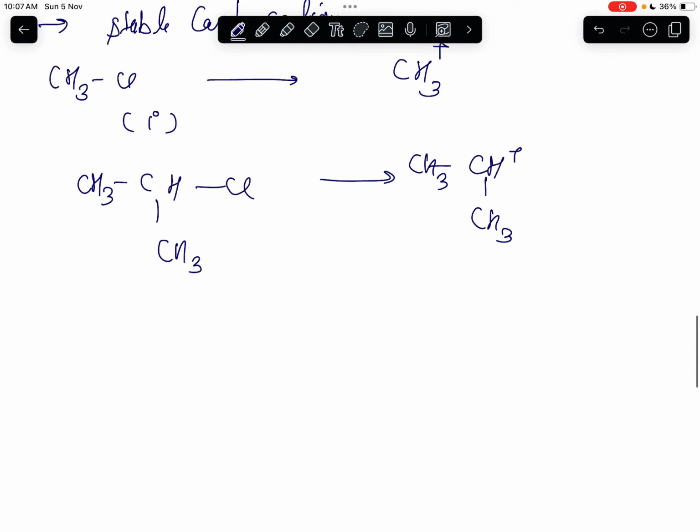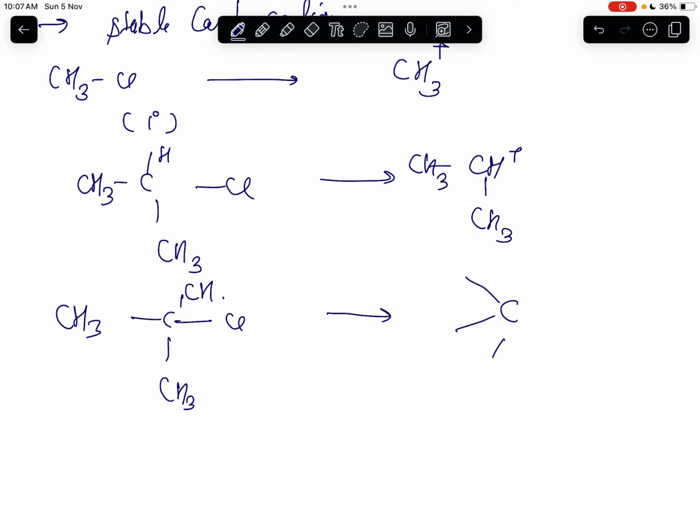For the 3 degree, the stable carbocation will be like this. So we can see the more number of hydrogen are around the carbon atom in the case of 3 degree.